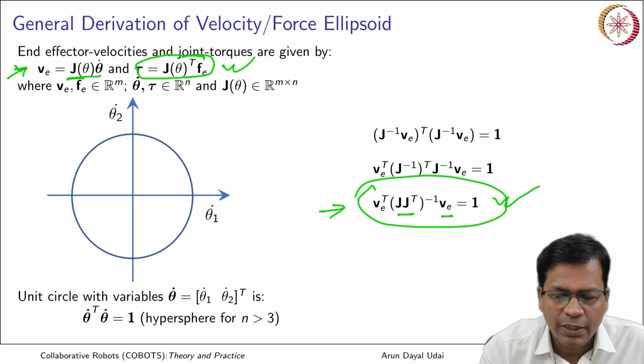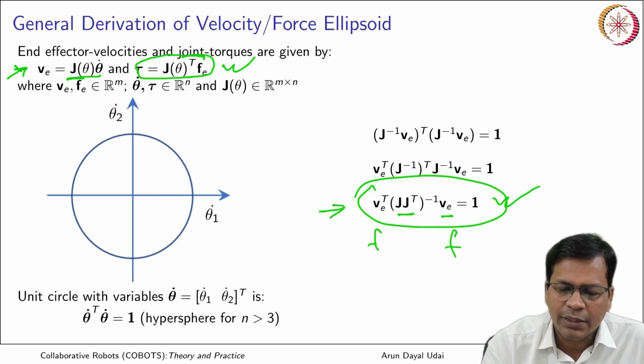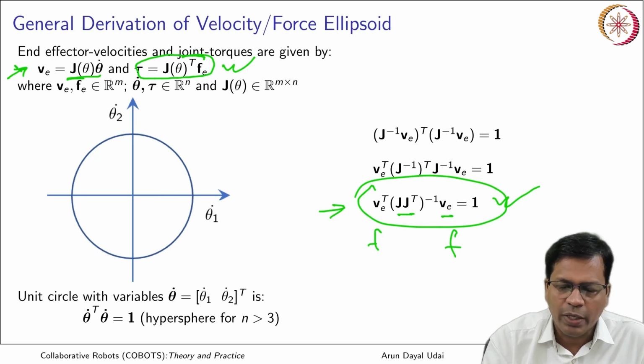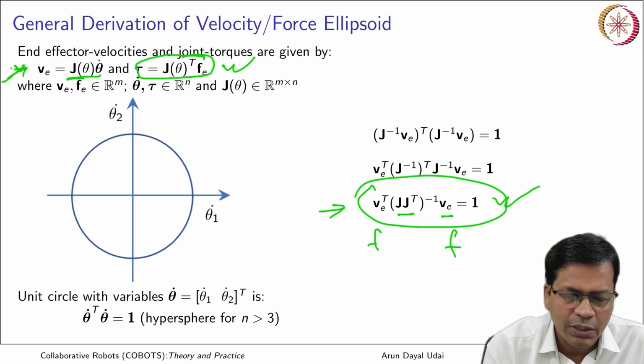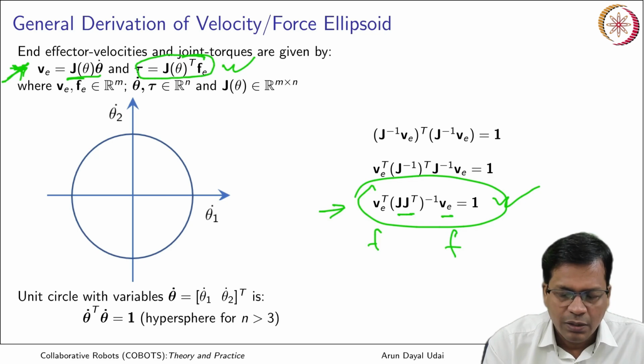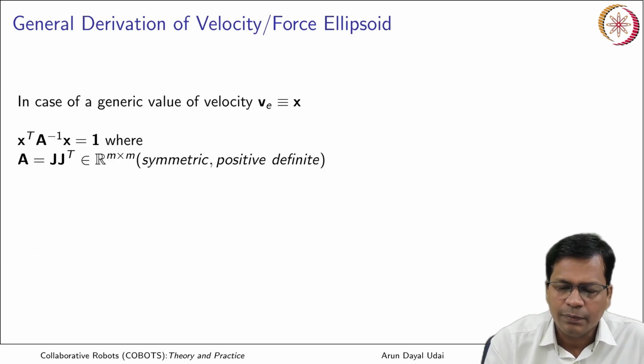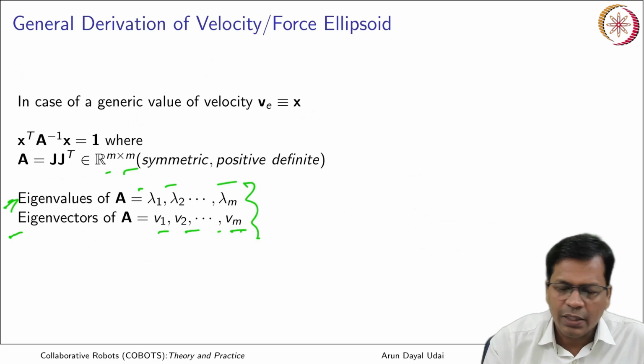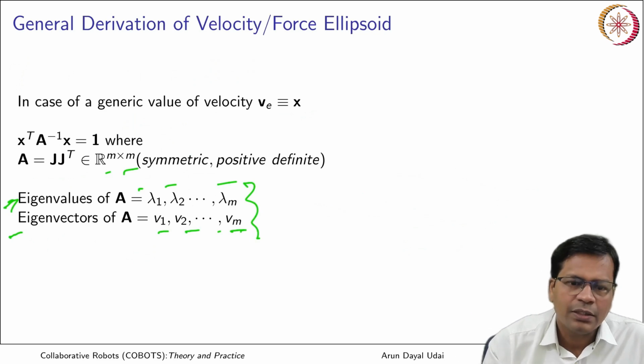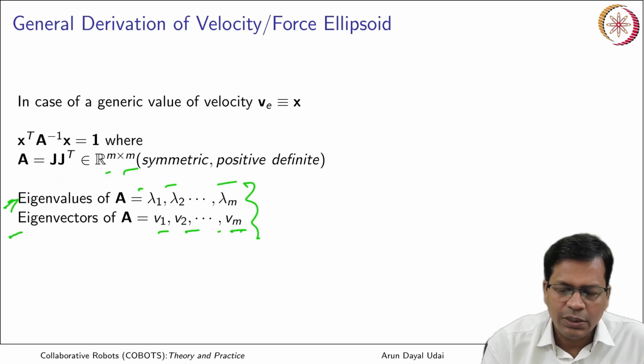Okay, so this can either be a force on each side and it becomes a force Jacobian, and in that case it gives you a force ellipsoid. But if you start with the unit circle as I have shown here, a unit circle of one radius, it is a velocity ellipsoid.